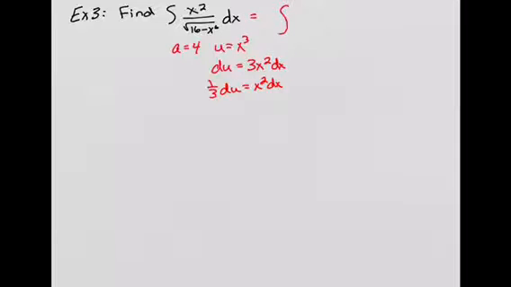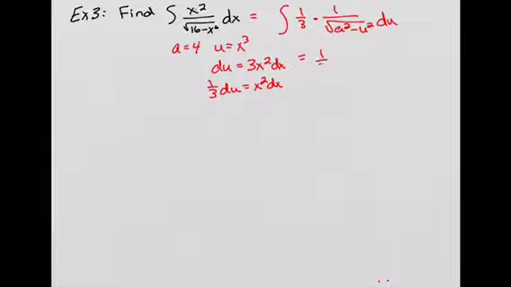When I substitute that in, I'd have my integral of 1/3 times 1 over the square root of a squared minus u squared du, which is my arcsine formula.